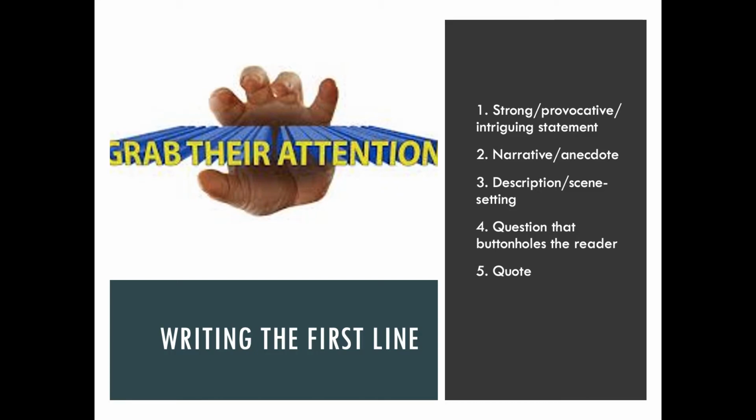These 5 points here on the right are simple, straightforward and common ways of putting that first line: making it, as it says, a strong, provocative, intriguing statement, or maybe a little anecdote, maybe some description or scene setting, or maybe it's a question, or maybe you start with a quote. There are other ways, of course, to write that first line, but those are 5 quite useful ones that you might choose one of to really grab the attention of your reader.